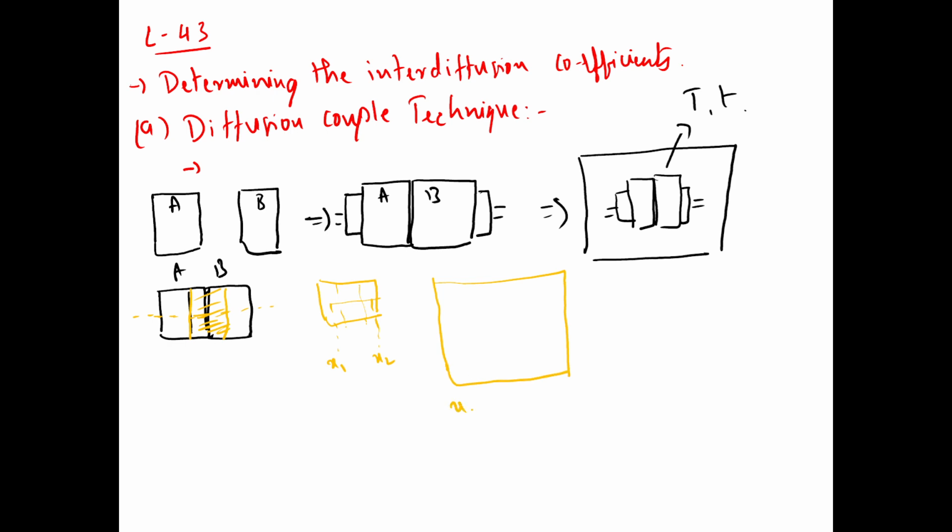so we'll be getting x1 and x2, and here this side is A pure and here B pure. So on this side A is having the highest value and it reaches 0 on this side, and on the other side B is having the highest. We will get concentration profiles like this for the A and B interdiffusion zone, and this will be the zone that has been highlighted.